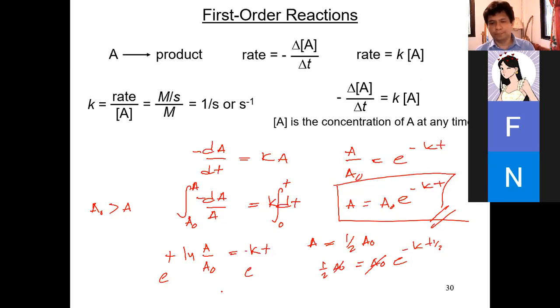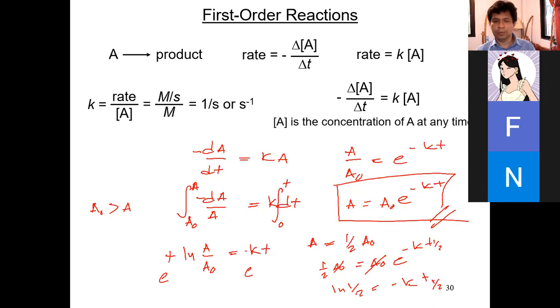Apply, you get the ln of both sides. So we will have ln 1/2 is equals to negative k times t 1/2. If you're going to transpose this negative sa kabila, magiging 1/2 raised to negative 1, magiging 2 na lang yan, di ba?